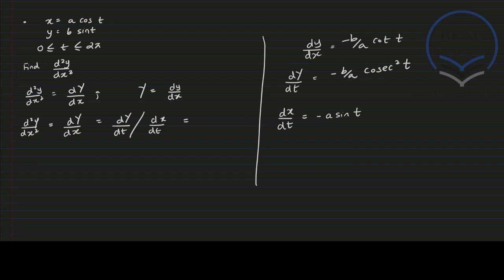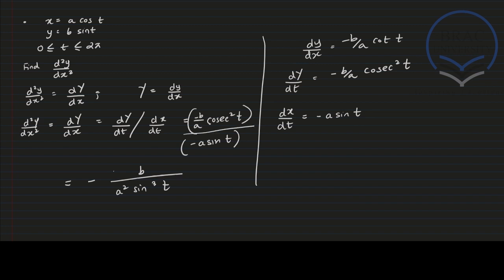Now putting these values into this expression, we have the derivative as minus b by a cosec squared t, divided by minus a sine of t. This gives us the expression minus b by a squared sine cubed of t, as we know that cosec squared is basically 1 by sine squared, and we also had the denominator sine of t here.